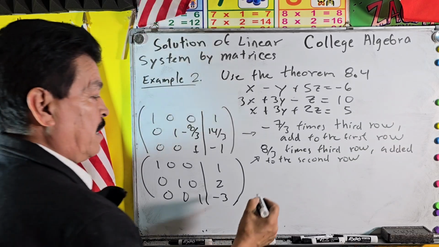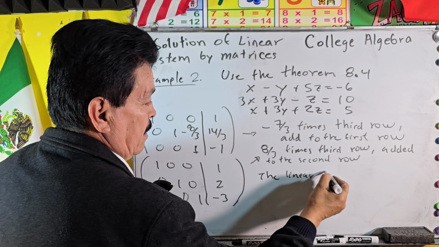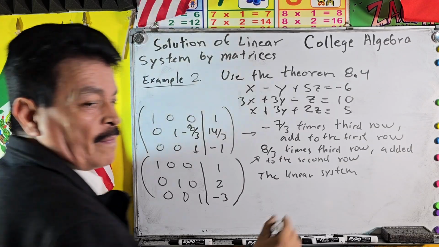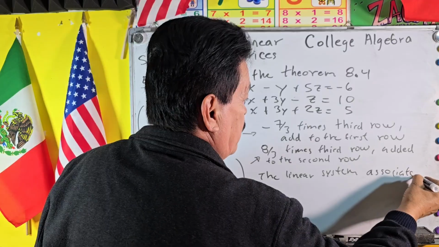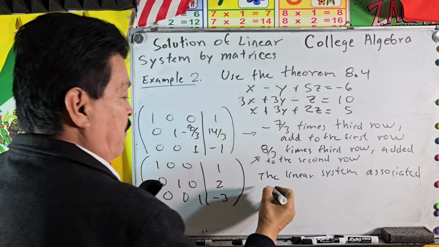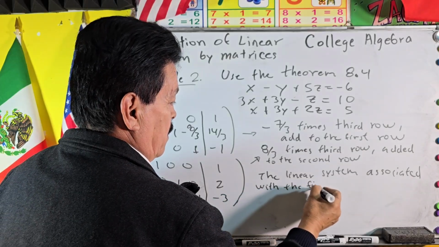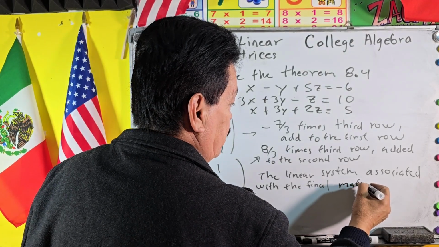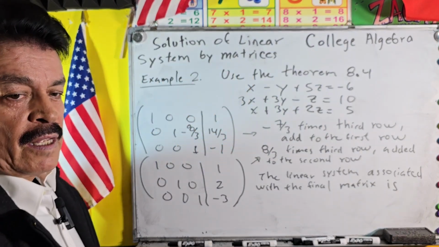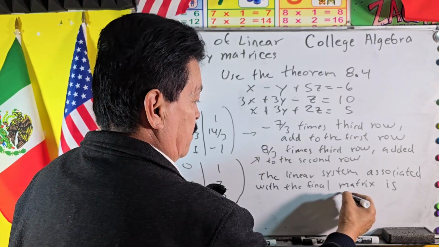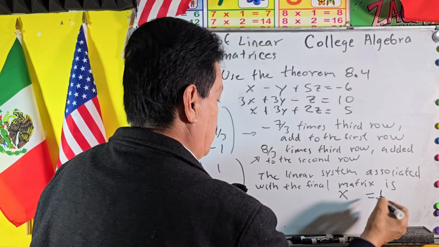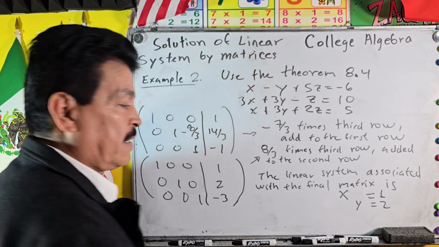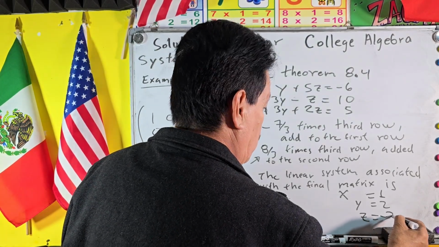So the linear system associated with the final matrix is, now we have to write x equals 1, and then y equals 2, and then z equals negative 3, right?